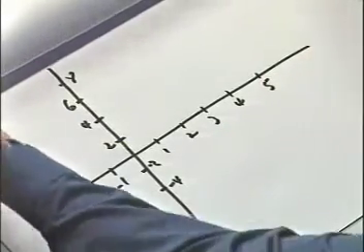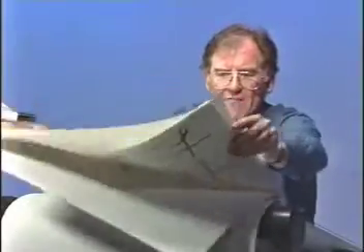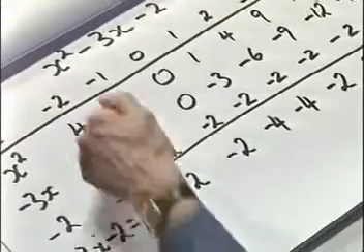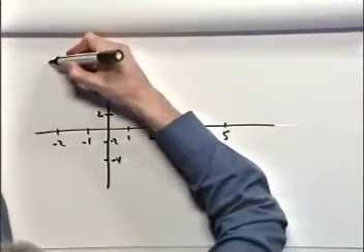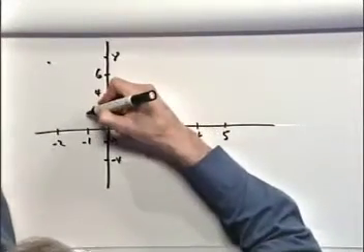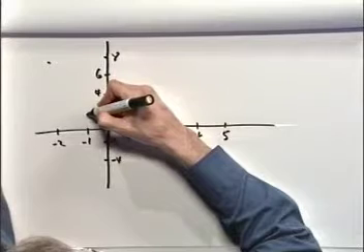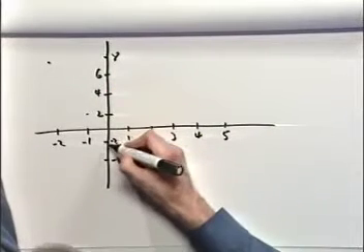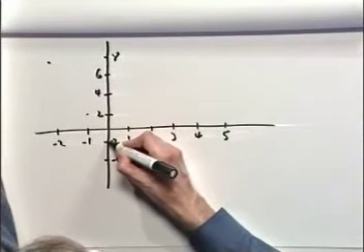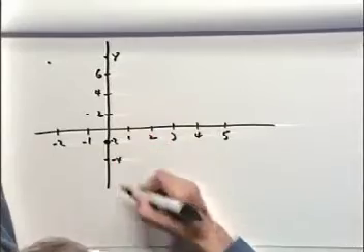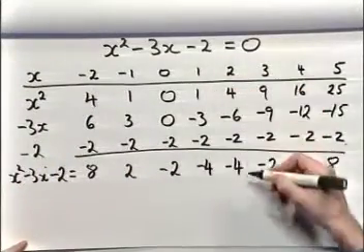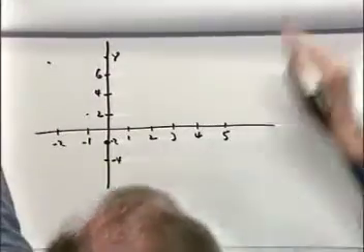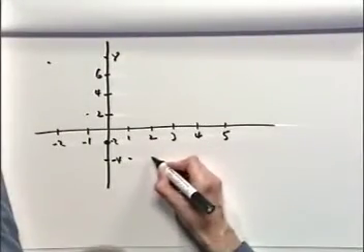So let's flick back for a couple of values here. Minus 2 is 8 and minus 1 is 2, so I've got a point roughly there and a point roughly there. Then when it was 0, I had minus 2 here. At 1 and at 2, they were both minus 4, so they were there and there.